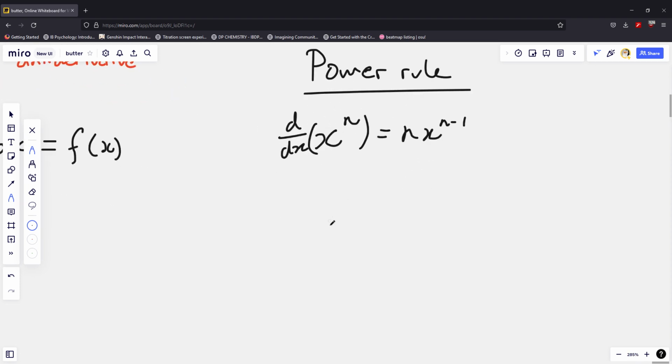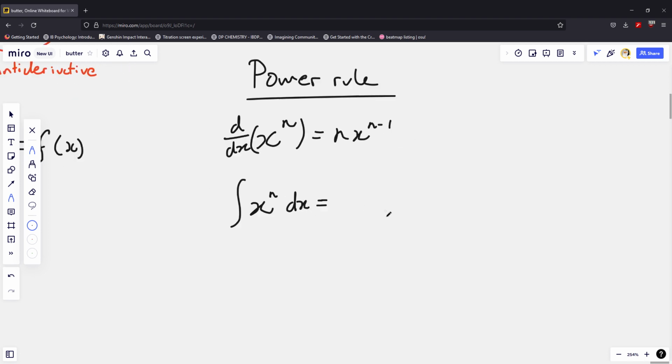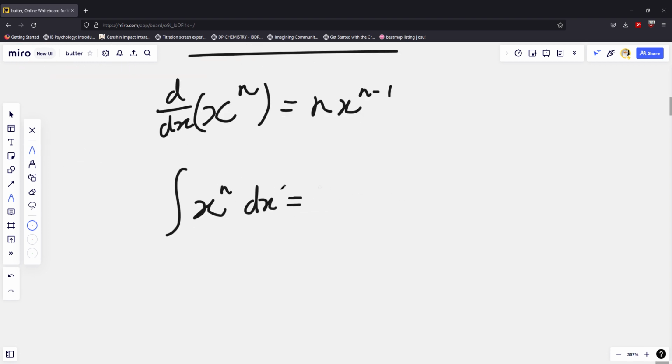So it follows that if we were to work our way backwards, what's the integral of x to the n? So take a moment and pause the video and see if you can try to guess what this might be. Okay, well, so if you've guessed it, congratulations. The idea is we want our exponent to be n plus 1.